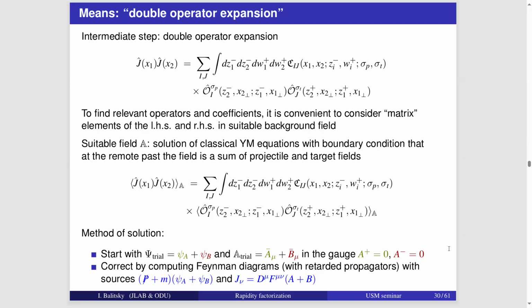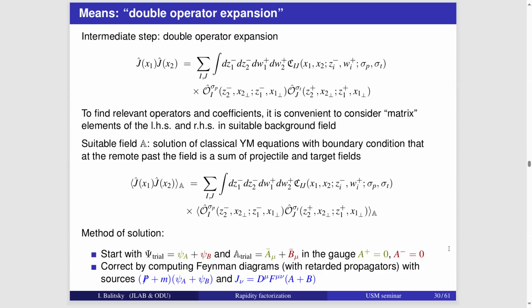In principle, you can choose whatever background field. You need to be sure that you took into account, that you found all the operators and all the coefficients. That's why you are free to choose your background field, but if you made a mistake, you miss half of the operators. It turns out that the suitable background field is a solution of the classical Yang-Mills equation with boundary conditions at the remote past.